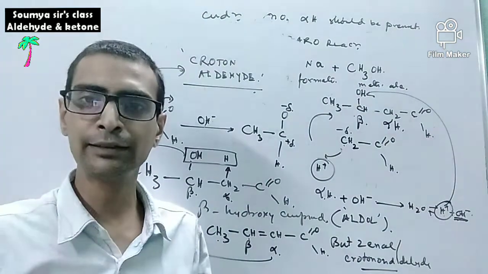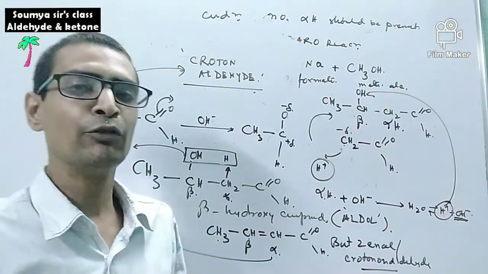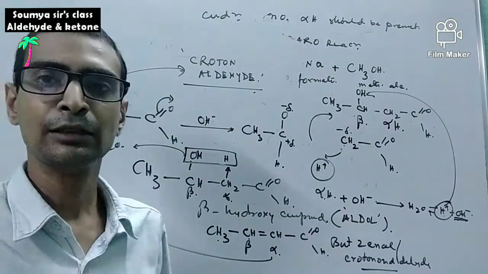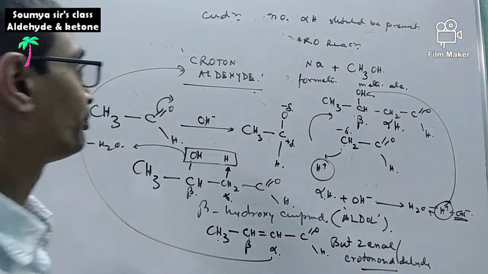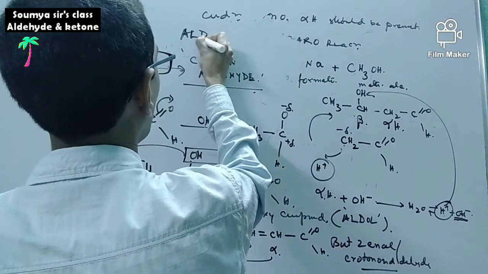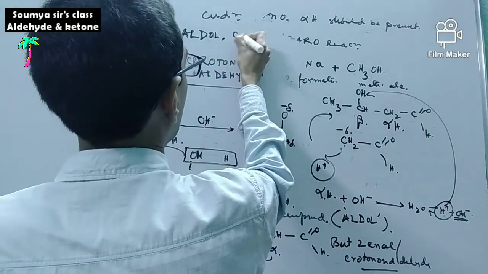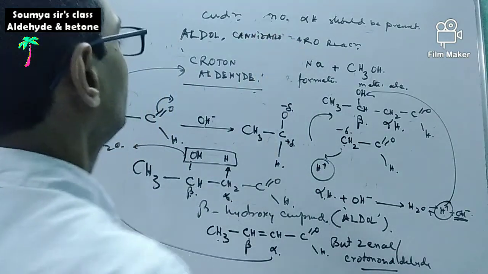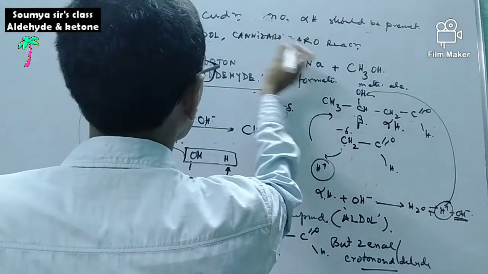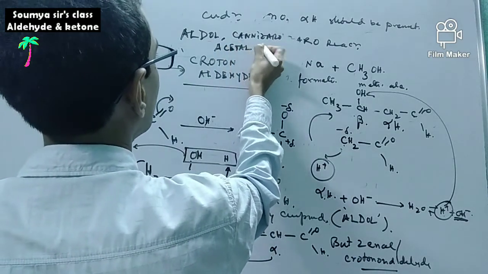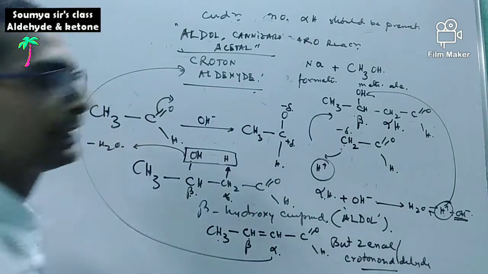I have already discussed them in a very limited way, but in detail, particularly the aldol, the Cannizzaro, and particularly these two and acetal compounds will be discussed in our next class.